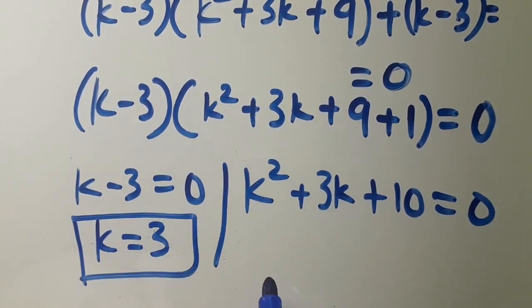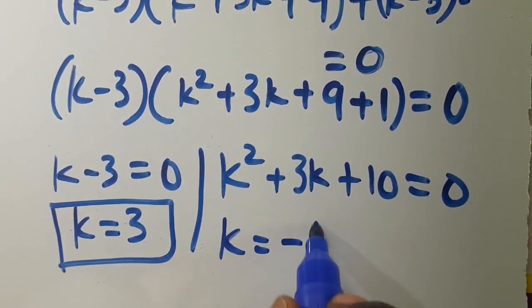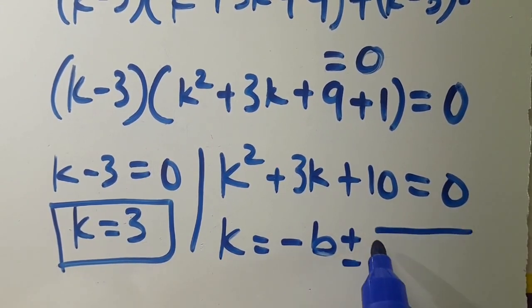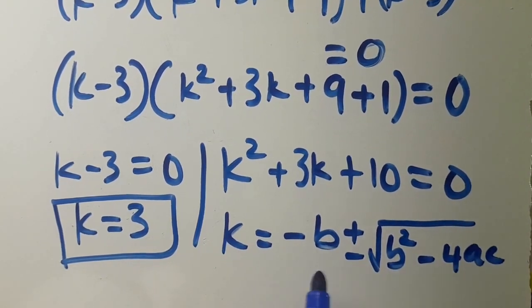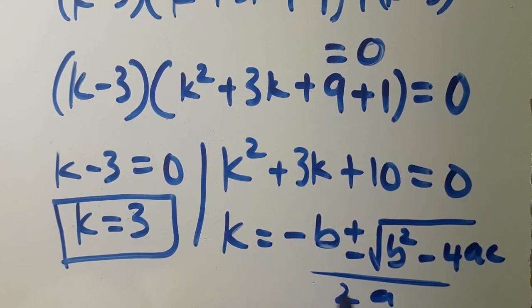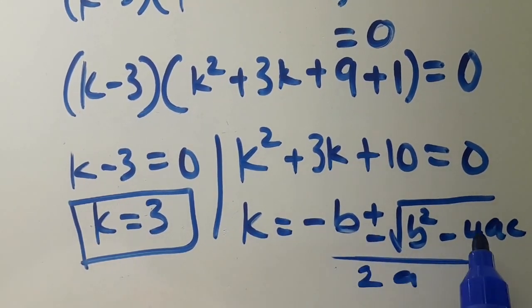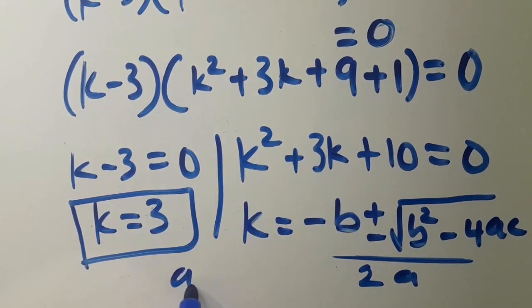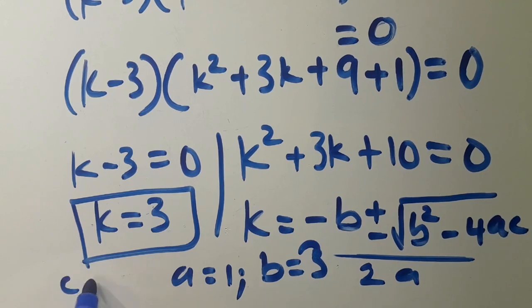That's the first solution. We can also get the value of k using the quadratic formula: k equals minus b, positive or negative square root of b squared minus 4ac, all divided by 2a. Our a is the coefficient of k squared, which equals 1. Our b is the coefficient of k, which equals 3, and our c is the constant value, 10.